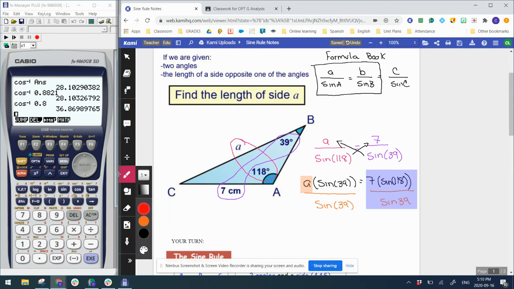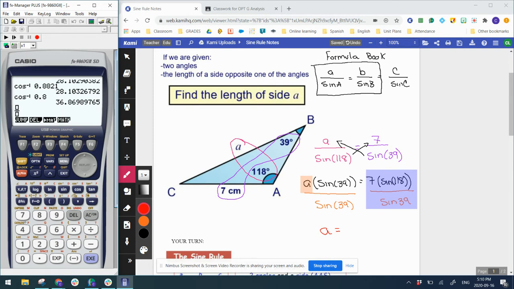We're going to figure out that A is equal to, so we're going to go 7. I'm going to put a fraction first, 7 times sine 118 divided by sine 39.